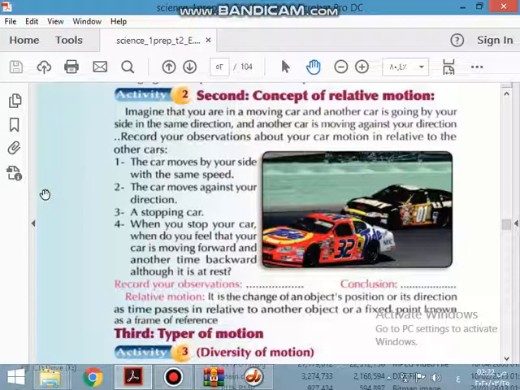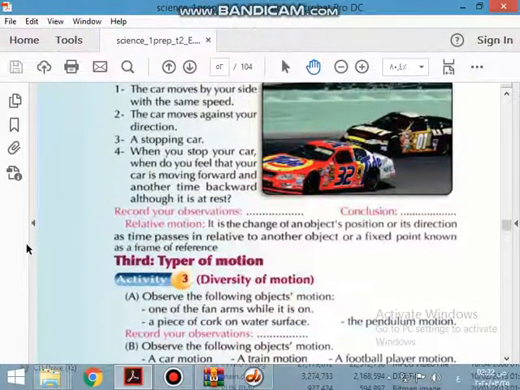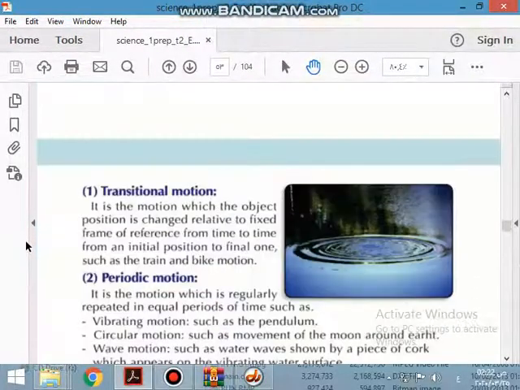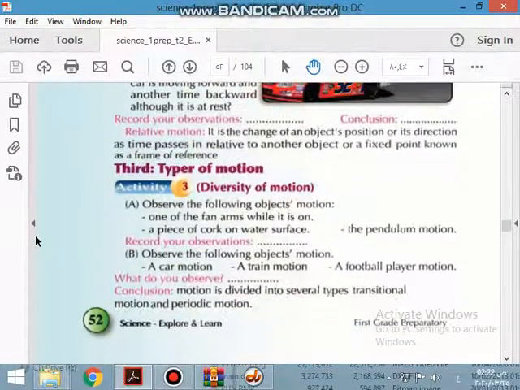All of this is related to the relative motion. What is the meaning of the relative motion? The relative motion is the change of an object's position or its direction as time passes relative to another object or a fixed point known as a frame of reference.